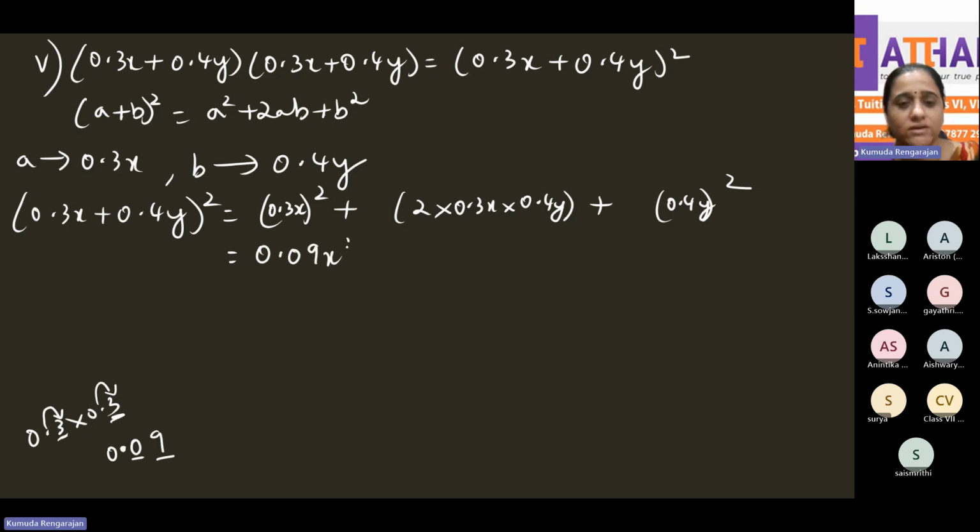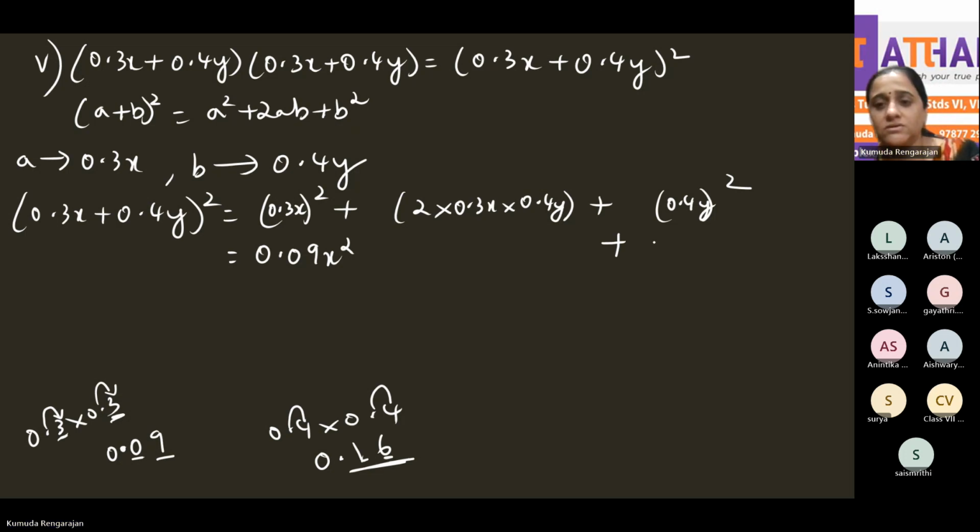0.09 x square plus now here 0.4 into 0.4. 4 4s are 16. 1 plus 1, 2. So 0.16. In 0.16 there are 2 digits after the decimal point. So 0.16 y square.